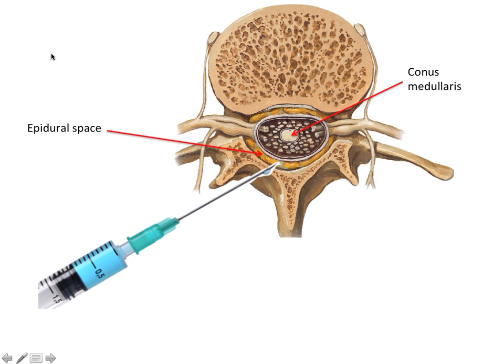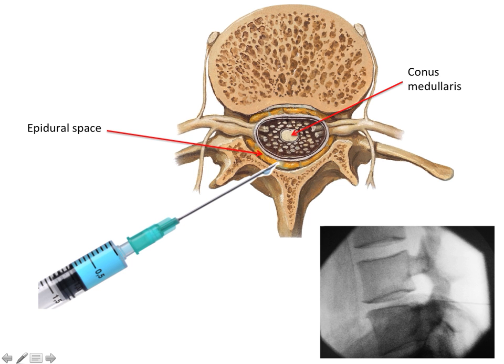And you'll see a lot of these, and they normally use a thing called fluoroscopy to actually guide these. What you can see in the bottom right is the needle, advancing past the bone of the vertebra that you can see here. And that's all we've done here. Now note that you can't see the dura and the nerve roots and the conus medullaris on X-ray.